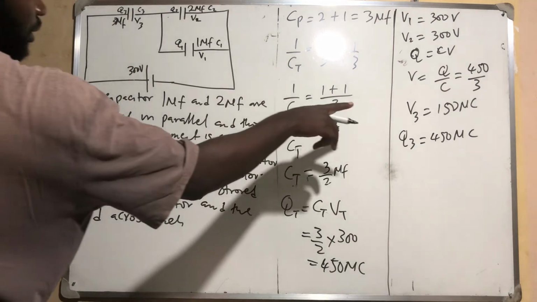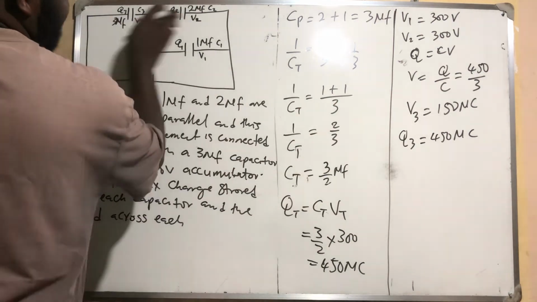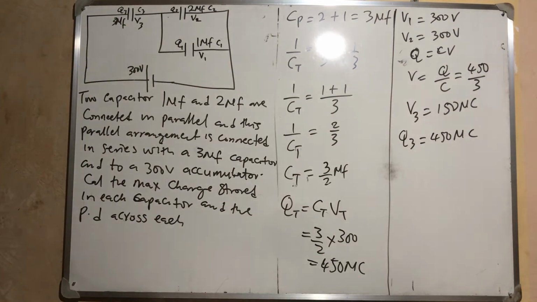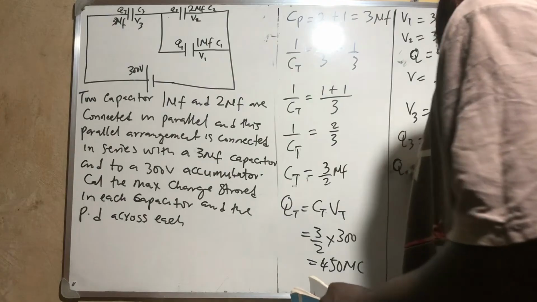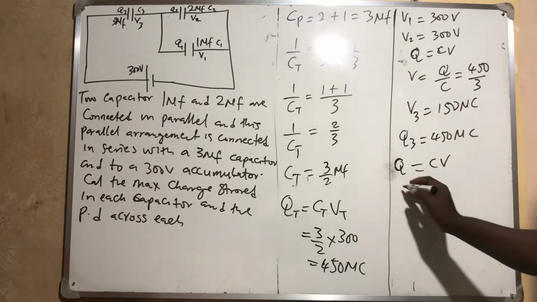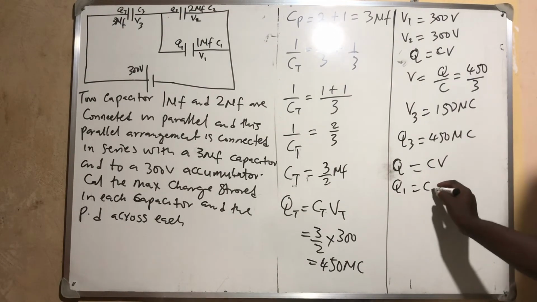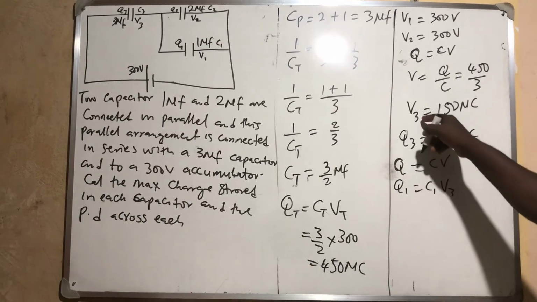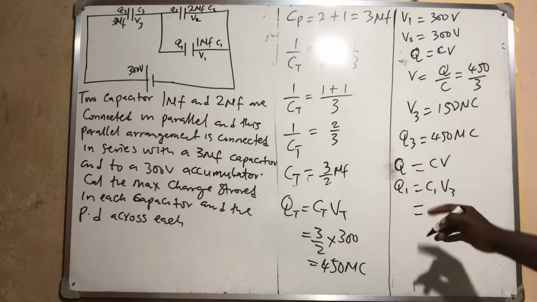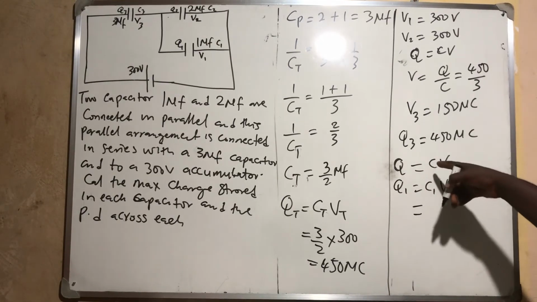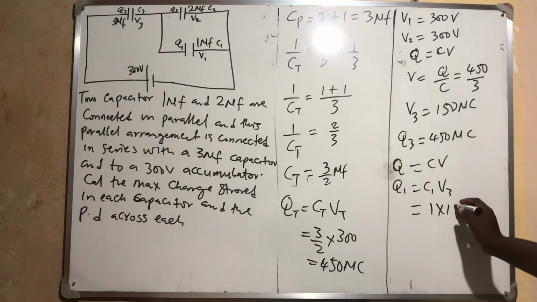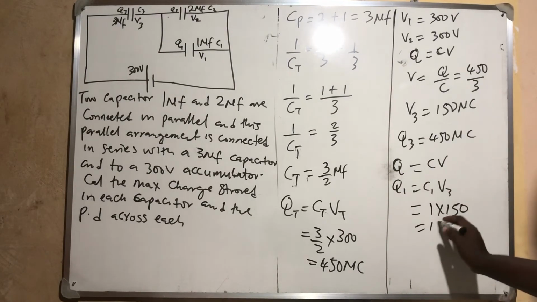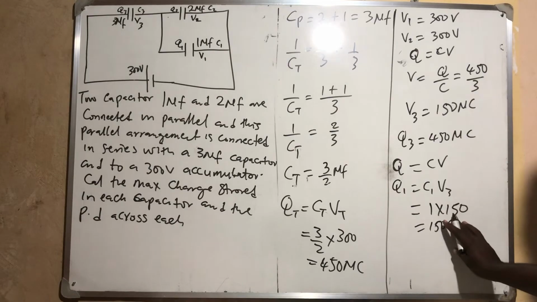So this V3 I calculated now is the same one that is moving here, because when they are in series, their potential difference is not the same. So to calculate my Q, I said that capacitance is always charge over voltage. So my Q1 will now be C1 times V3. I'm using the same V3. My C1 there is 1 times 150, which is 150 mu coulomb.